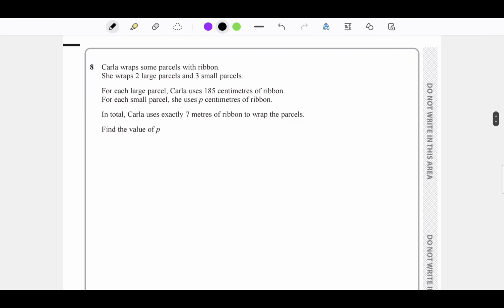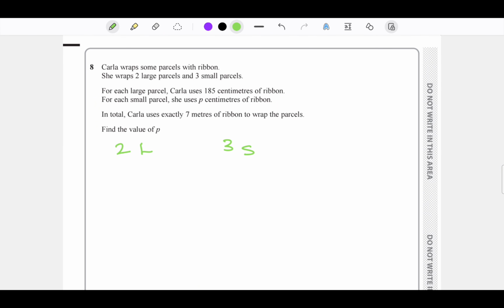Question 8. Carla wraps some parcels with ribbon. She wraps 2 large parcels and 3 small parcels. For each large parcel, Carla uses 185 centimeters of ribbon. For each small parcel, she uses p centimeters of ribbon. In total, Carla uses exactly 7 meters of ribbon to wrap the parcels. Find the value of p. First of all, write down all the information that we know. Carla has wrapped 2 large parcels and 3 small parcels.